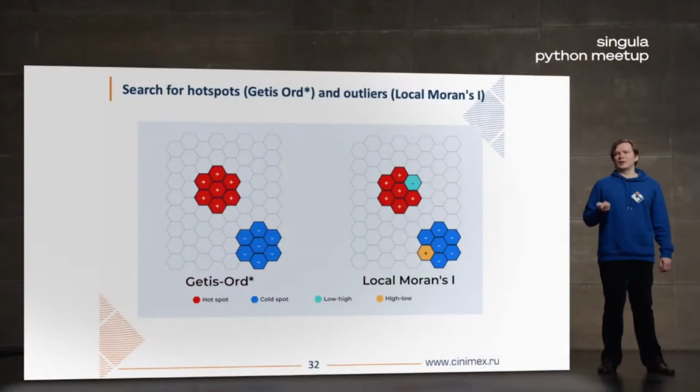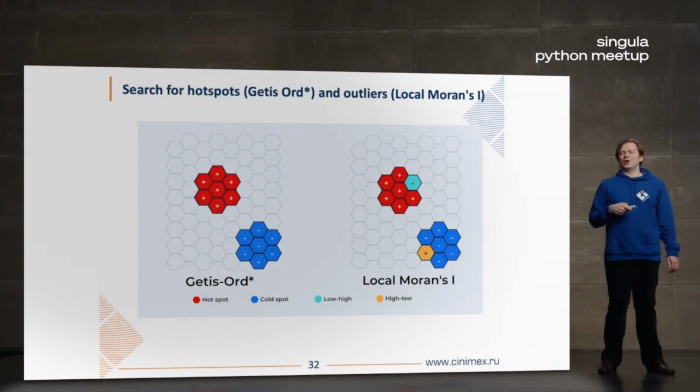And we are going to talk about pattern evaluation. There are 2 different algorithms to find hotspots. The first one is Getis-Ord Gi*. It is a pretty simple and convenient algorithm which gives you information about hot spots and cold spots. And Local Moran's I, which provides you not only information about hotspots but also about outliers inside of such hotspots.